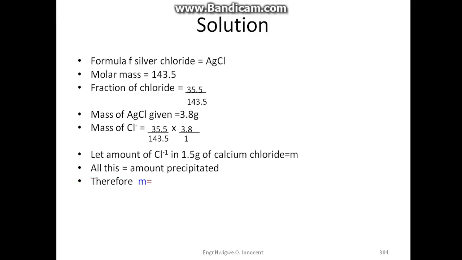Therefore, M is equal to 35.5 divided by 143.5 times 3.8 divided by 1, which gives 0.9494. The amount of calcium will now be equal to 1.5 minus 0.94, which gives 0.56 gram.